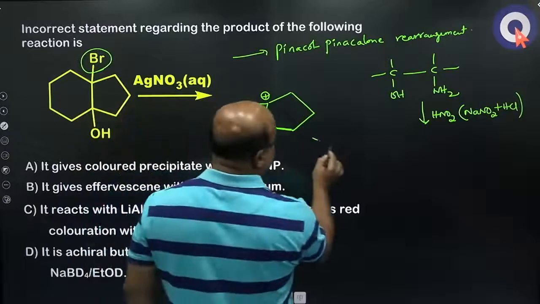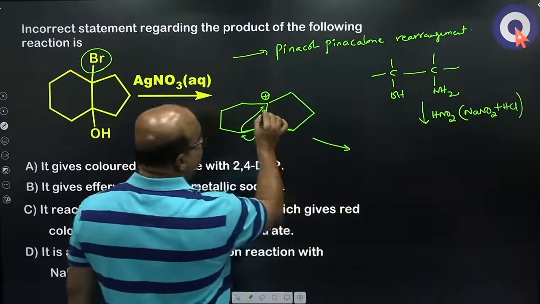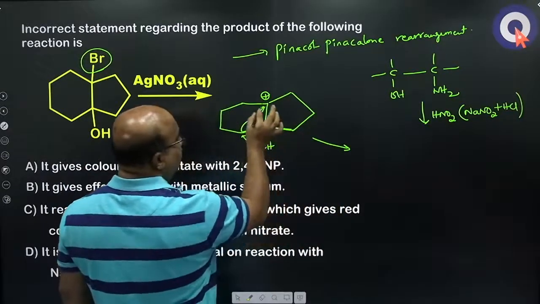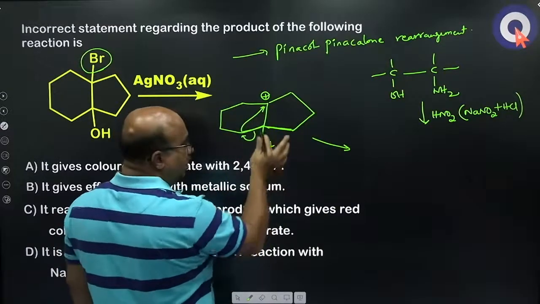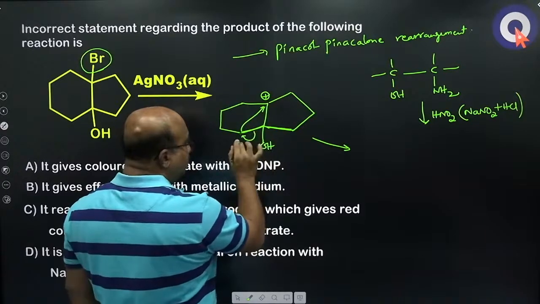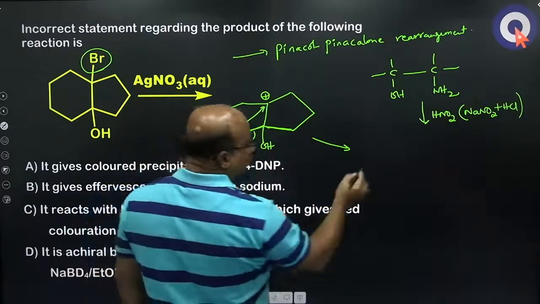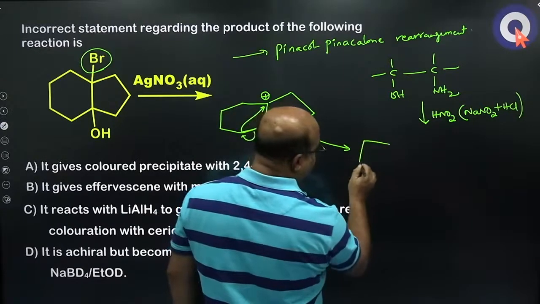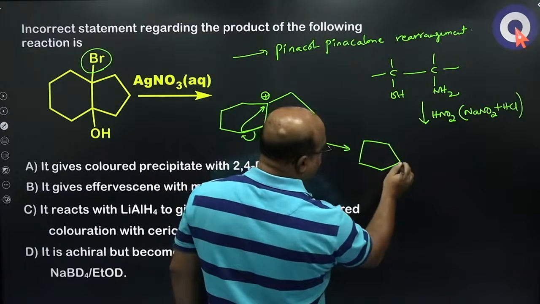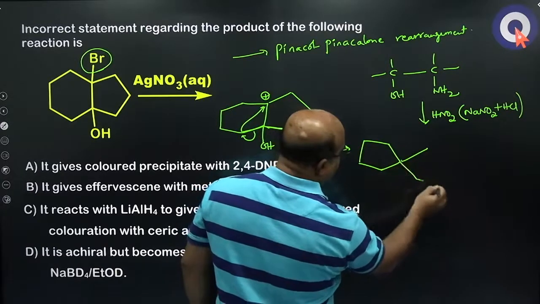So what you will see? This one is a 5-membered ring, and this one is again another 5-membered ring now. If you number it, this CC bond cleaves, and this C and this C bond form. So you have a 5-membered ring like this; suppose you just write it like this. You just link them, because there is a common carbon for both.